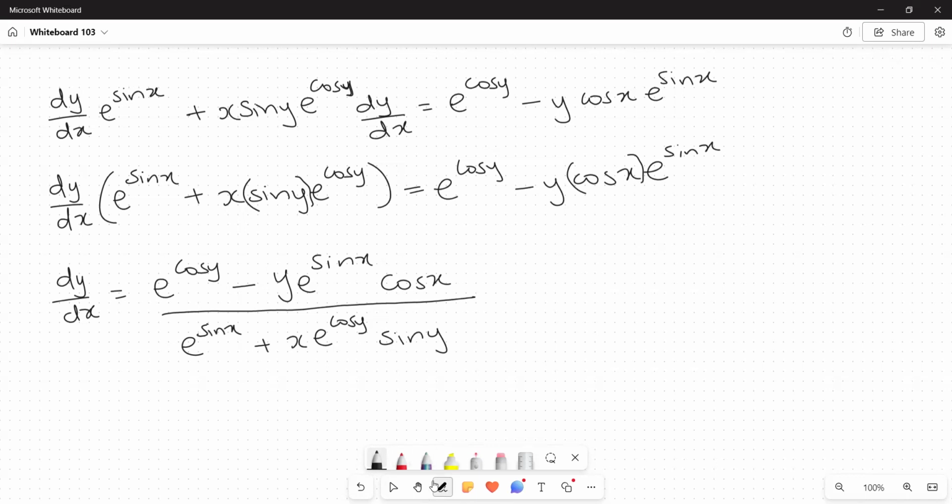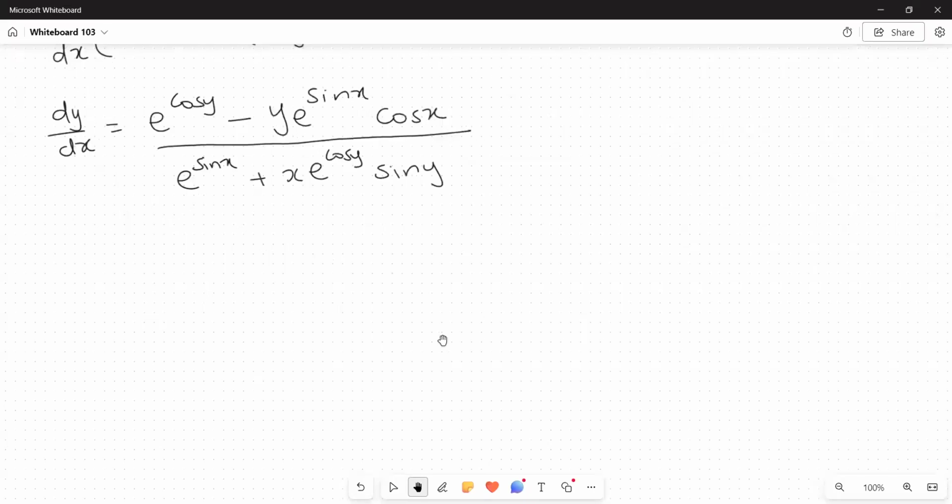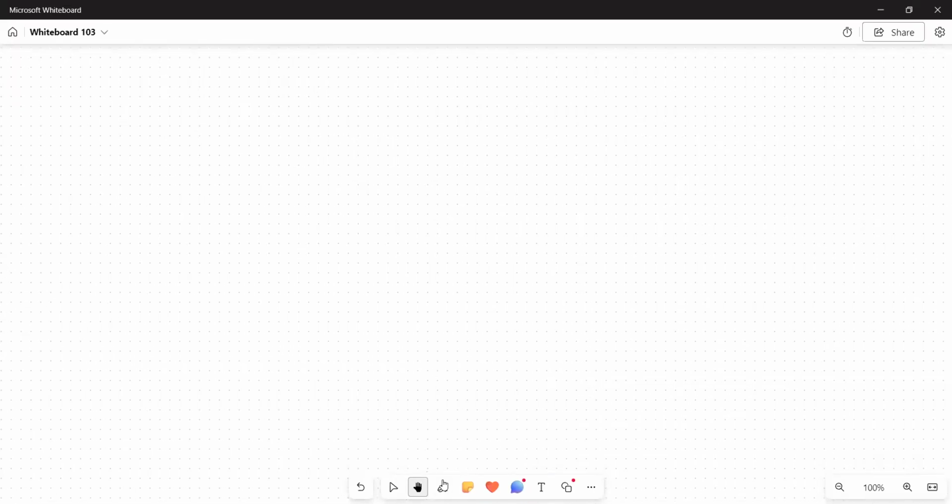Right, 1.6. We have 4x squared minus 16y squared is equal to 16. So simple and straightforward.